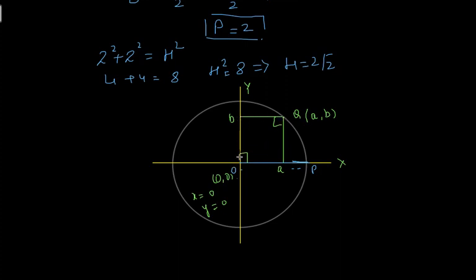If this length is B, then this length is also B, and if this length is A, then this length is also A. Now draw one more radius from O to Q. I hope you understand why I'm calling it a radius. Any line which connects the center of the circle to the circumference is a radius. Now, what is the value of this radius? It's 1, right? It's a unit circle.